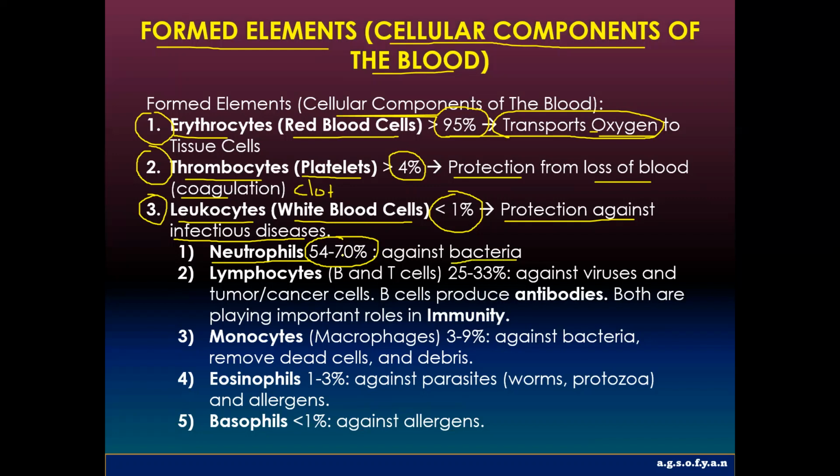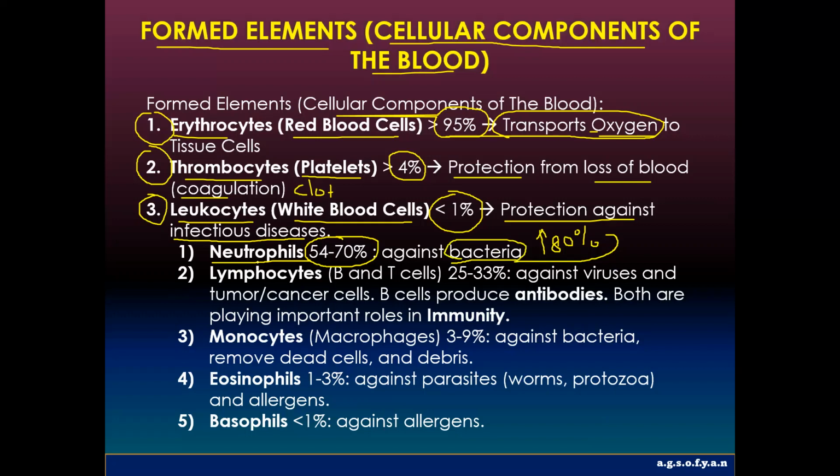If you take a sample and you find that neutrophils have increased to, let's say, 80% when you calculate the percentage, it is an indication that the blood sample is coming from someone that has a bacterial infection.